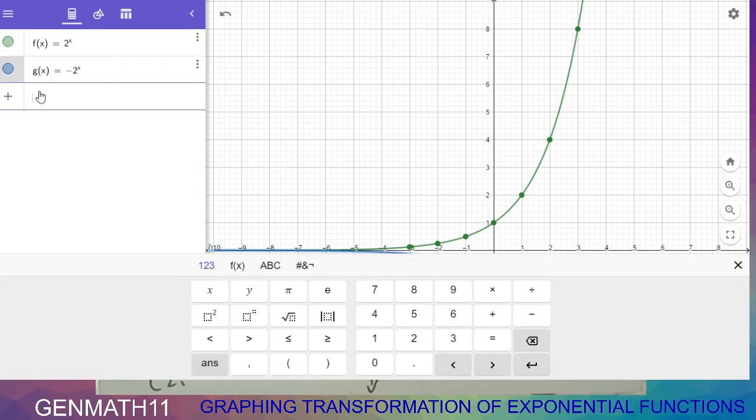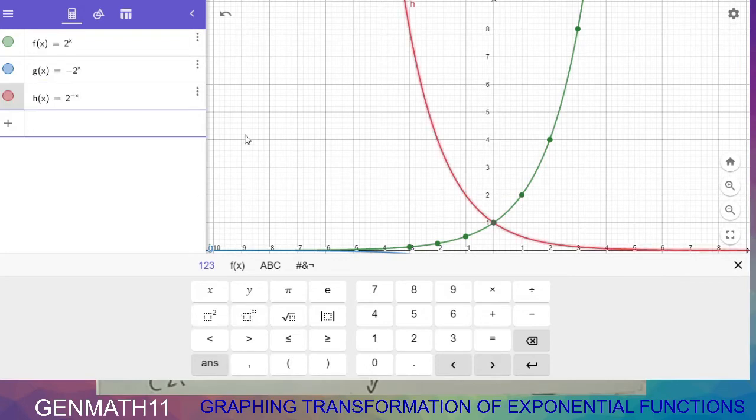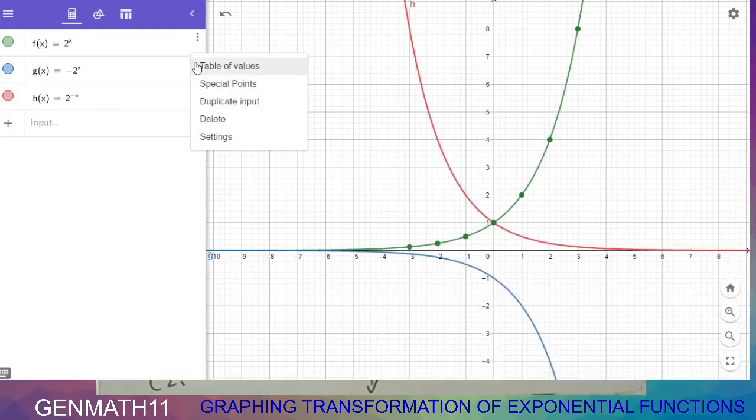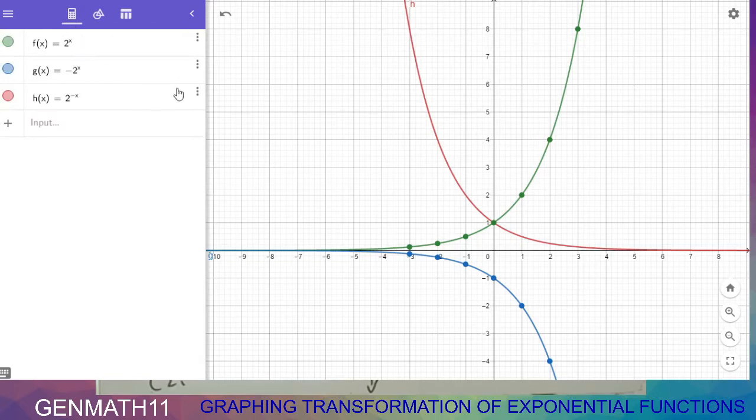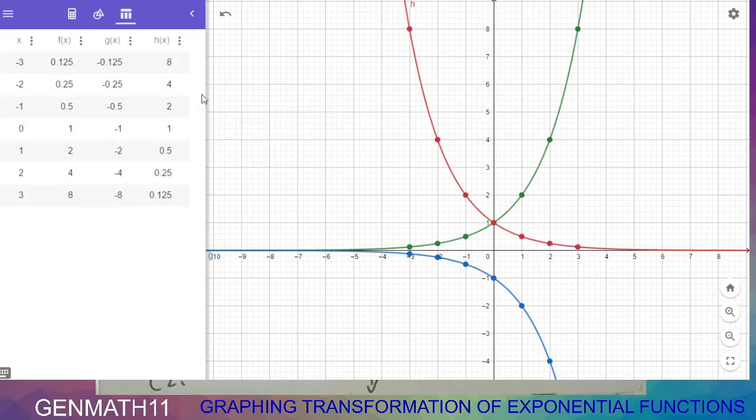Yan. Then, the other one is x equals 2 raised to x pala. Yan. Negative x. Yan. So, yan. Graph na natin. Then, lagyan lang natin ng table of values to. Then, the other one is, yung ganun din. Yan.